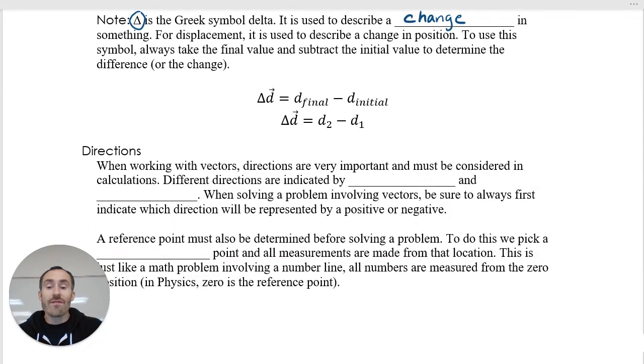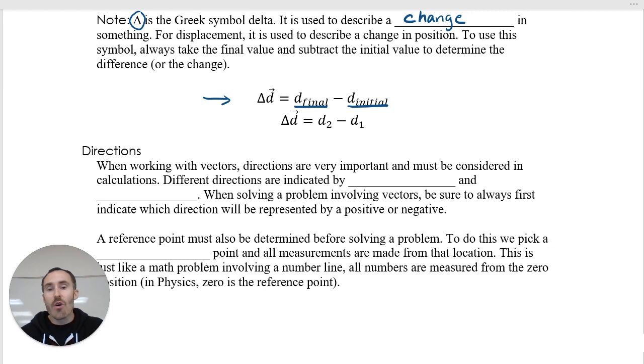This formula right over here is the formula for calculating displacement. If you know the ending position and you know the starting position, then if you subtract them, that gives you the change between them. This formula is most relevant if you are talking about coordinates on a Cartesian plane.